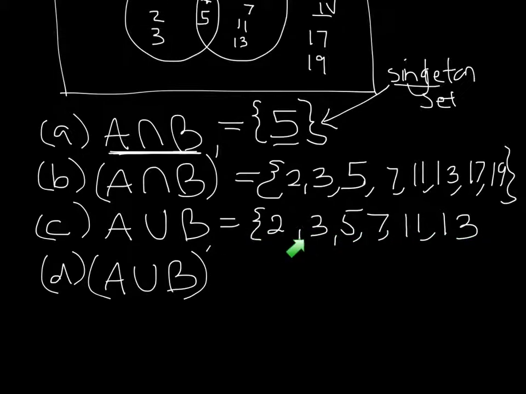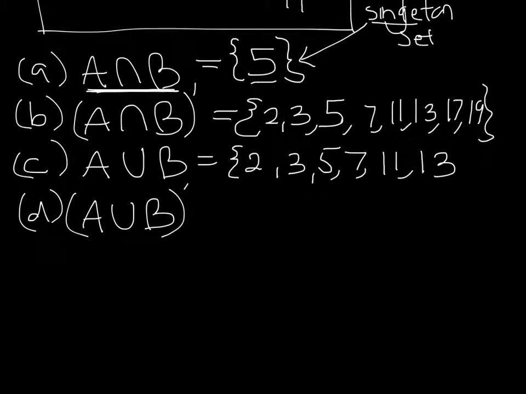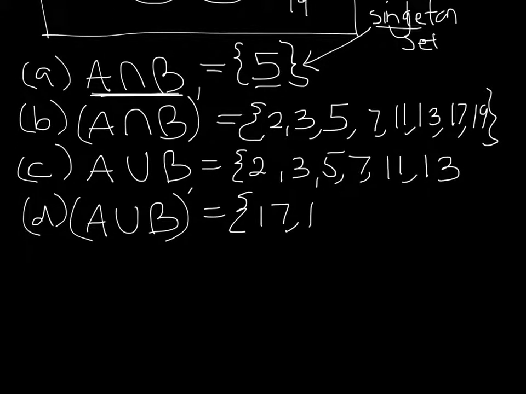What are the only numbers left? They're right here. We don't want these, so we take these guys, which are 17 and 19. So that's E, and now we have F.